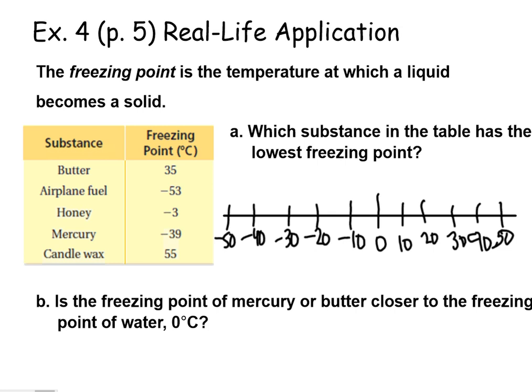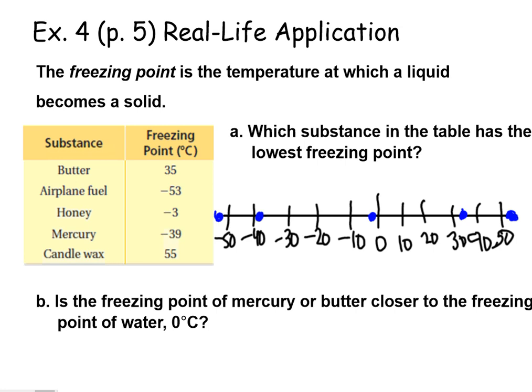Okay, so butter freezes at 35, so I'm going to plot 35 here in between 30 and 40. Negative 53 is down over here. Negative 3 is approximately here. Negative 39 is almost at negative 40. And 55 is past 50, in between 50 and 60.